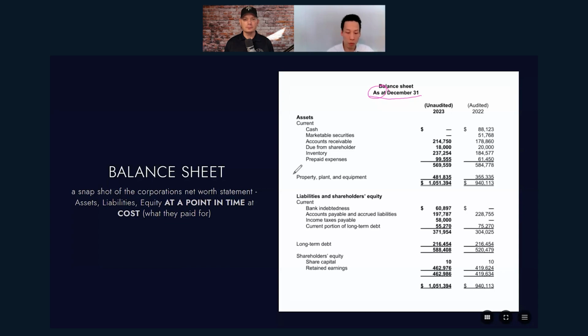So I'll use an example of where there's a discrepancy. Property, plant, and equipment, you could have paid $481,000 for it. You may be using depreciation mechanisms or CCA to bring down the value. So you could have bought the equipment for $500,000, and the cost of what that is now is $481,000. But if you were to sell this equipment for what it's worth, and let's say it is worth quite a lot, it could be $1 million.